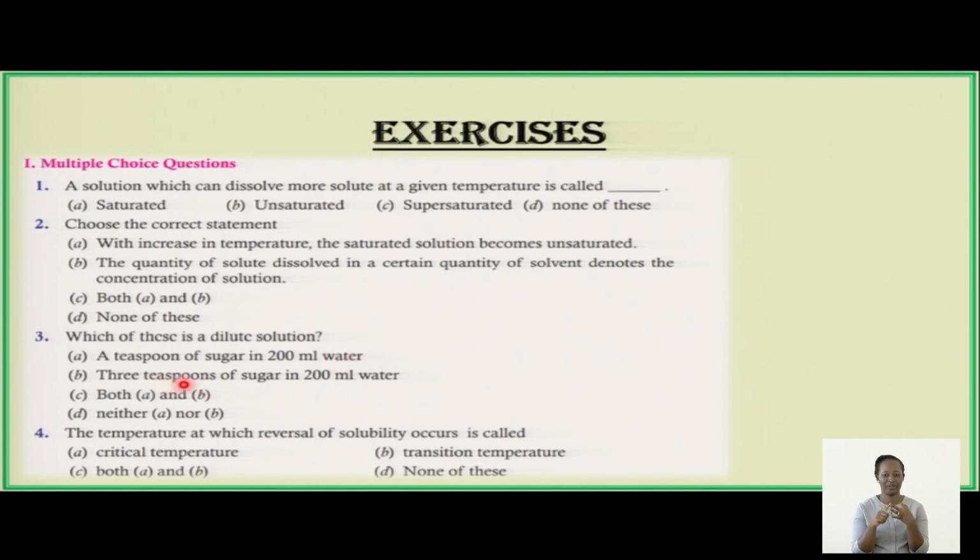B, 3 teaspoons of sugar in 200 milliliters of water. C, both A and B. D, neither A nor B. Think about it. Which one of those statements is right?